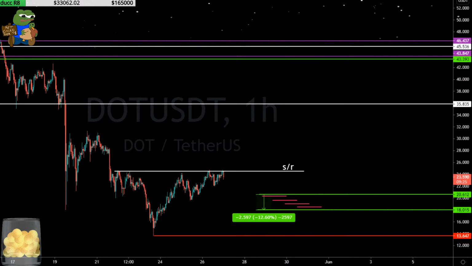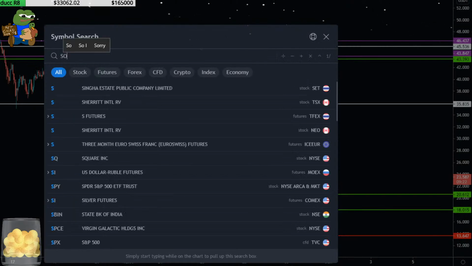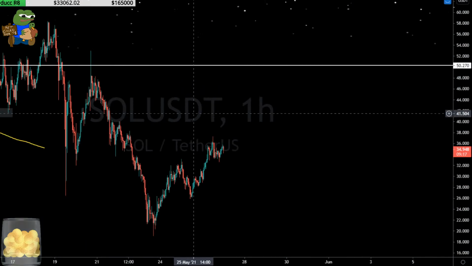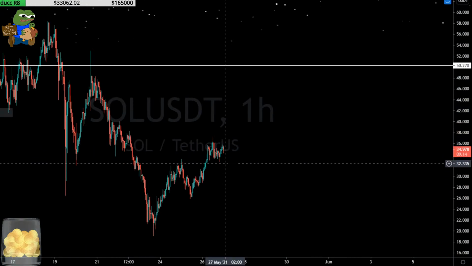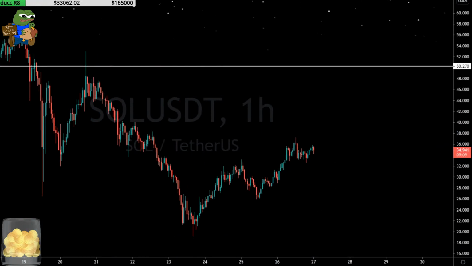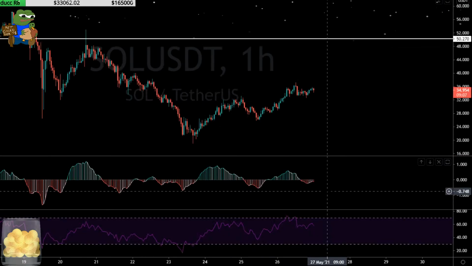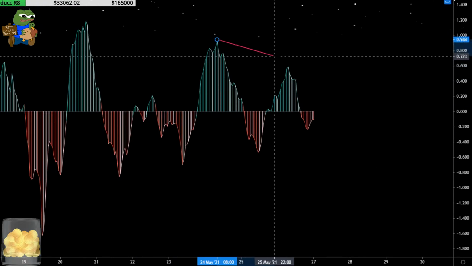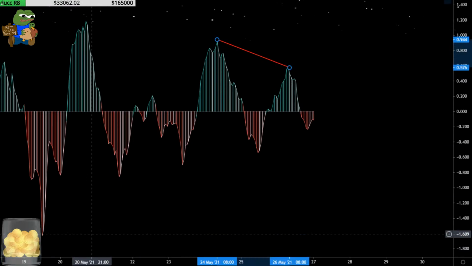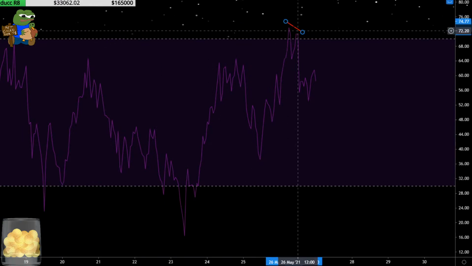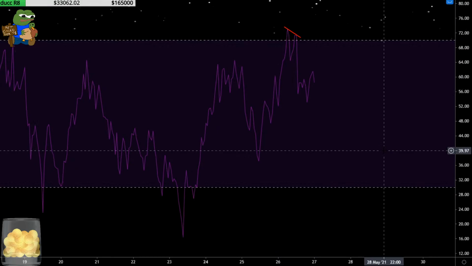Okay, request on SOL. I'm going to again say that SOL looks just like DOT, which looks just like everything else. Yeah, pretty much. Okay, so bearish divergence on the MACD occurring. RSI tail end, bearish divergence on the RSI in play.